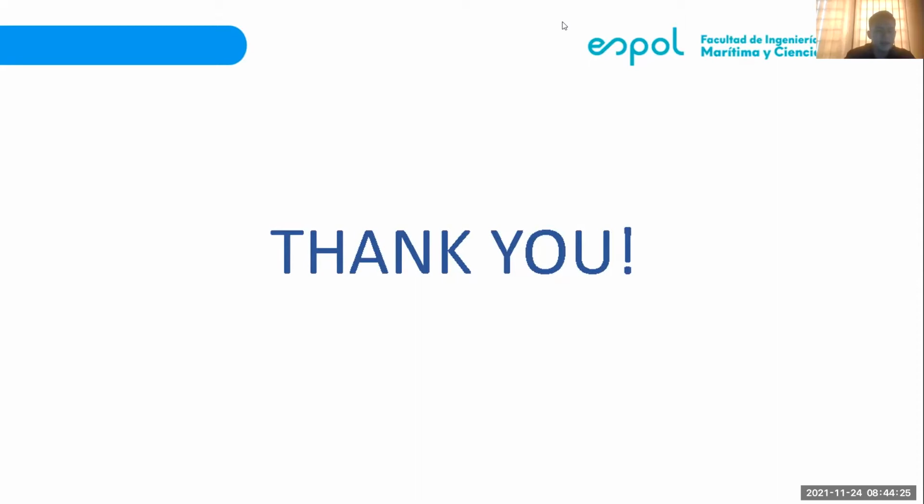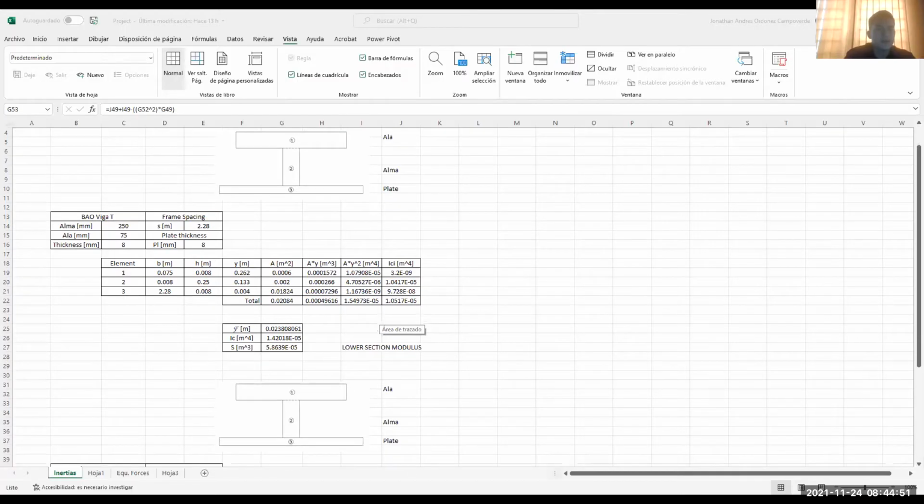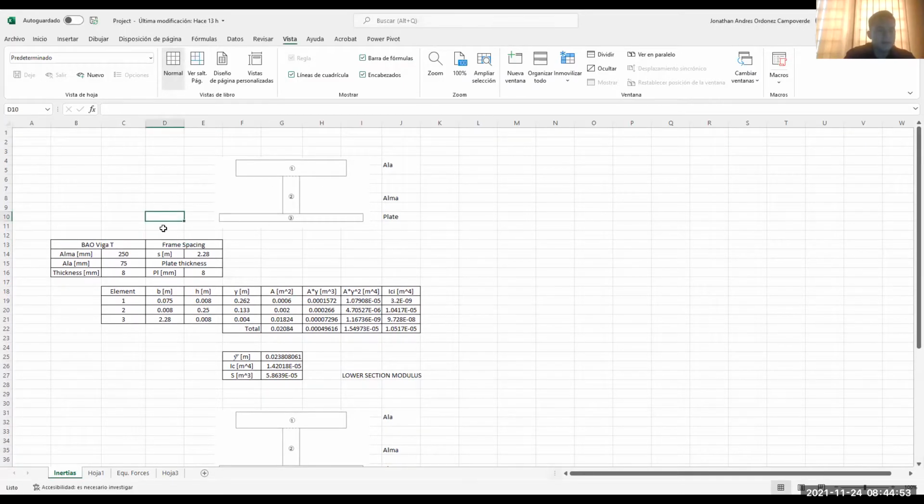Yes, I have the table. We include it in the report, but in the presentation we don't. Okay, here we have the bow section, bow structure, with the table that we can see.